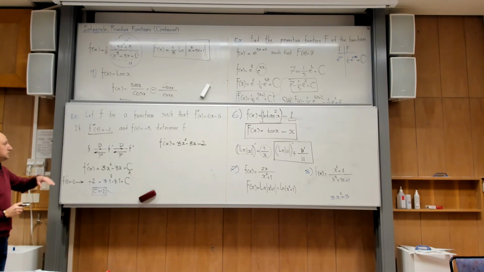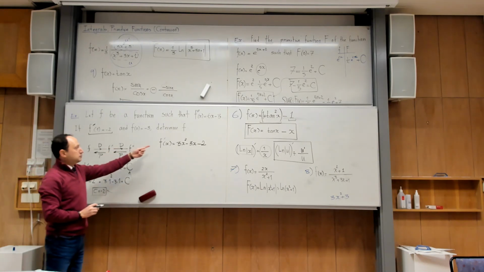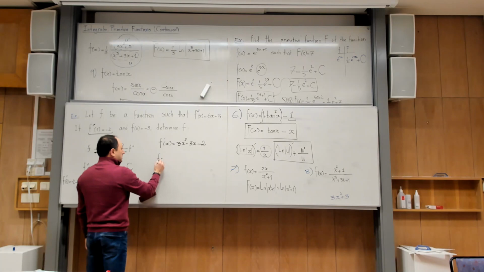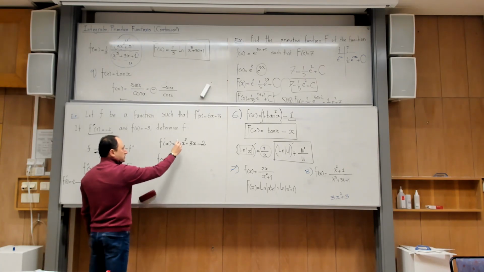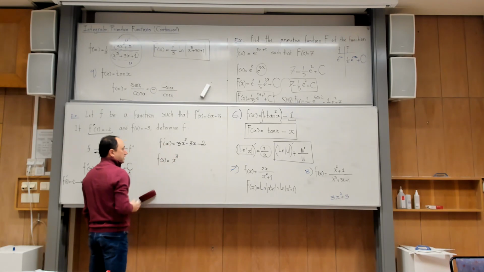And then I do this process once more. I want to go to f. I have f prime, so I have to do the primitive function process, yes? So f of x is a primitive function for f prime. A primitive function for this is x to the power of 3 divided by 3, and those 3's will be cancelled. It is just simply x cubed.